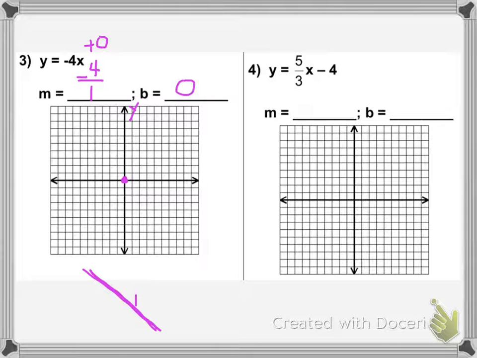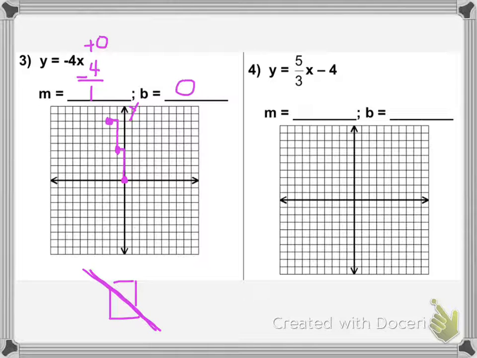So I could either go up 4 to the left 1, or down 4 to the right 1 to keep it negative. I'm going to start by going up 4 to the left 1 from that y-intercept. 1, 2, 3, 4, and then to the left 1, put a dot. I can do it again. Up 1, 2, 3, 4, to the left 1, put a dot.